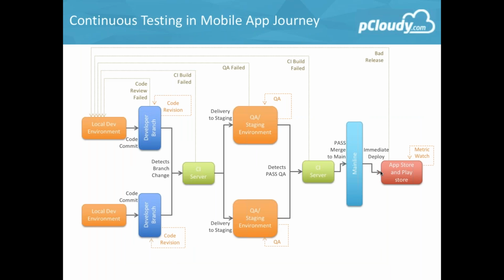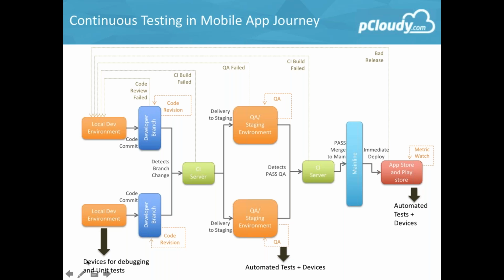Now, going back to the CI/CD slide that we were talking about, we talked about in the mobile app journey, each stakeholder requires devices plus tools. So in the development stage, developers will require the devices for their debugging and unit tests.